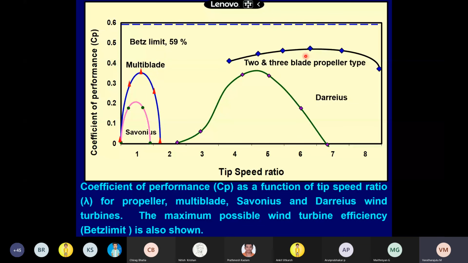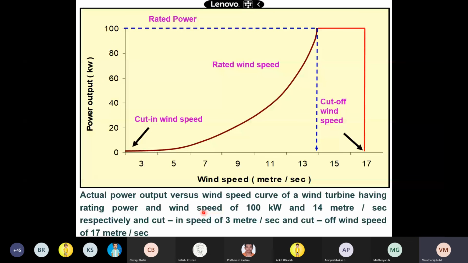And the actual power output versus wind speed curve, in meters per second, of a wind turbine having a rated power of 100 kilowatt at a wind speed of 14 meters per second, a cut-in speed of 3 meters per second, and a cutoff wind speed of 17 meters per second.